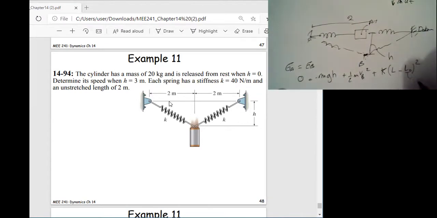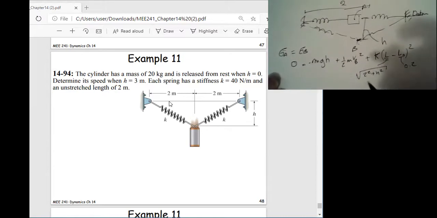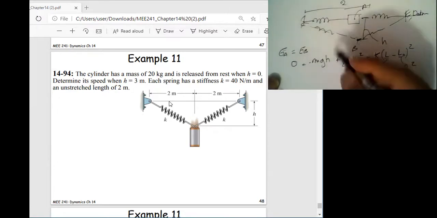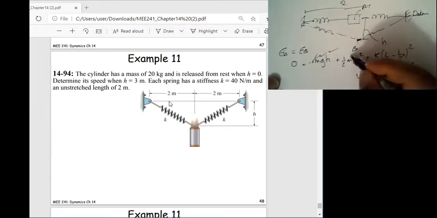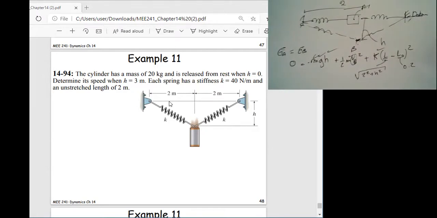Okay, we know L0 is equal to how much? 2. What is L? We need to find L at that distance. It's basically Pythagorean, right? So the square root of 2 squared plus h squared. All right, so we know m, we know g, we know h, we know this guy, we know k, we can find v. I'll let you guys have fun with it and do the math.